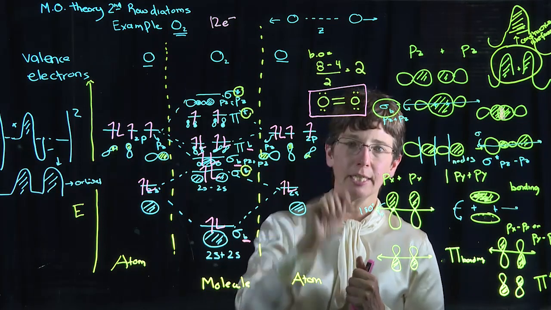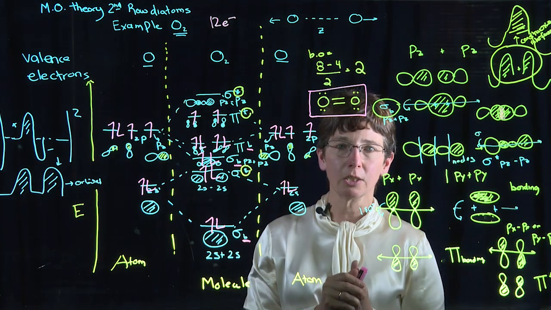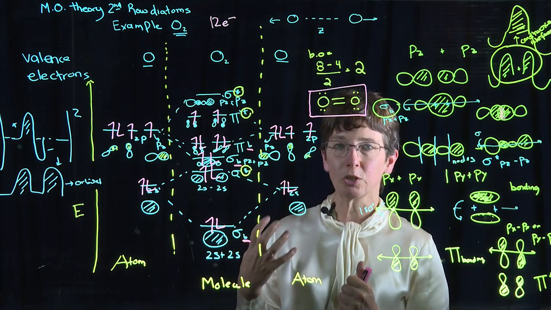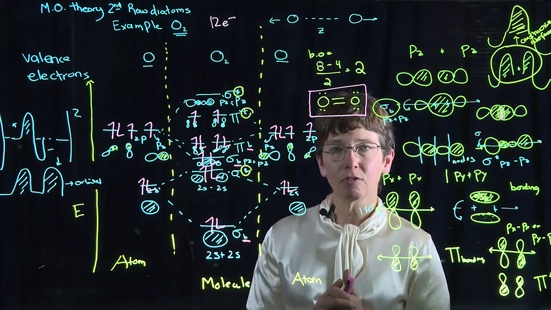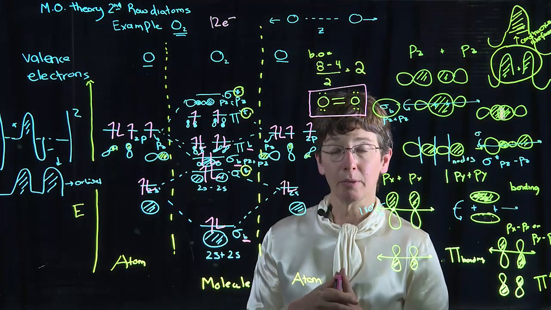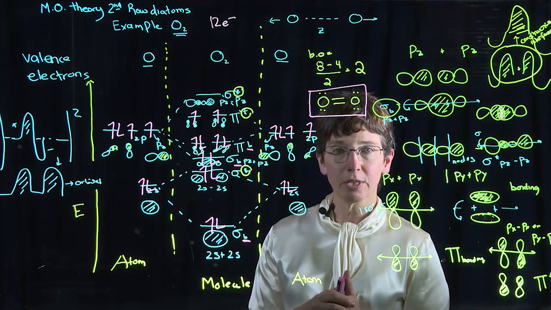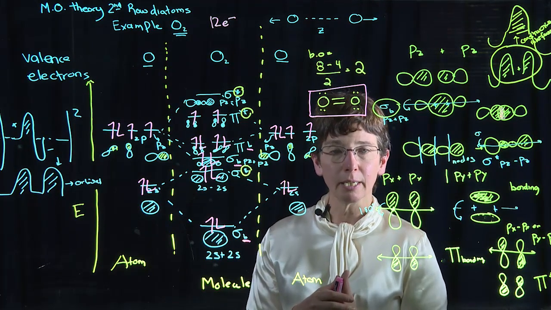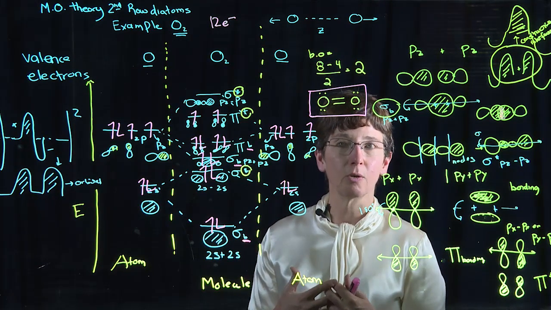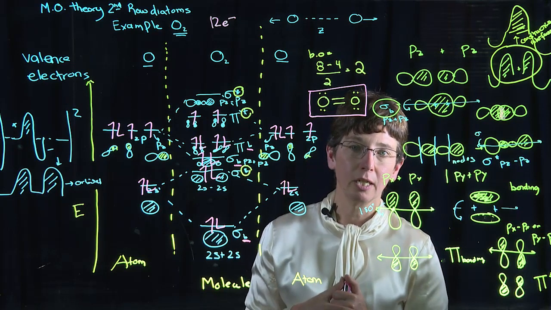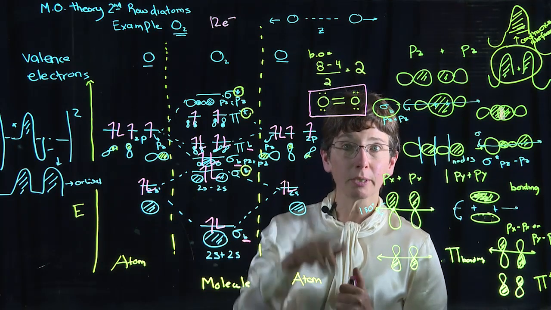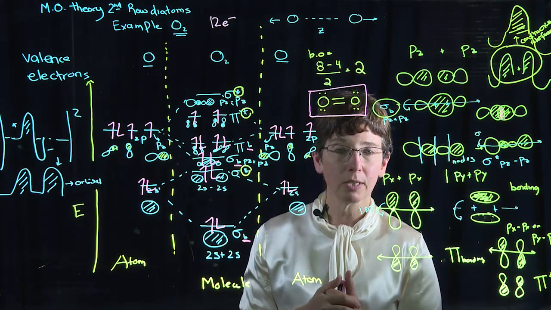You would never get that from the Lewis dot structure, and yet it's observably true. And that kind of information is really explained well by the molecular orbital picture. So we're going to practice with this. We're going to do a couple of examples in class looking at molecular orbital structures and how it affects bond order and ultimately how this relates to the strength of the chemical bonds.